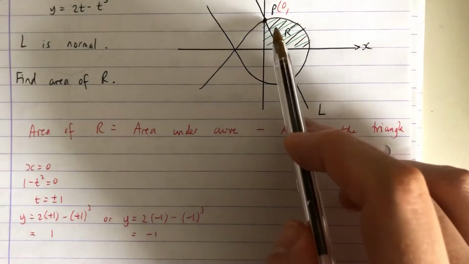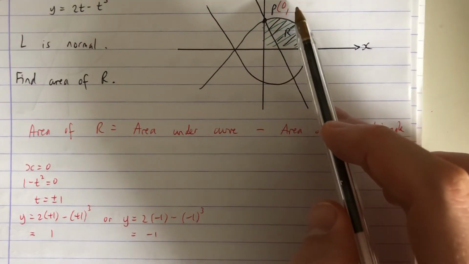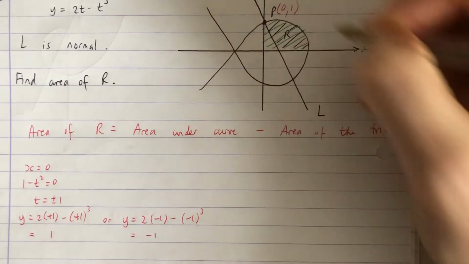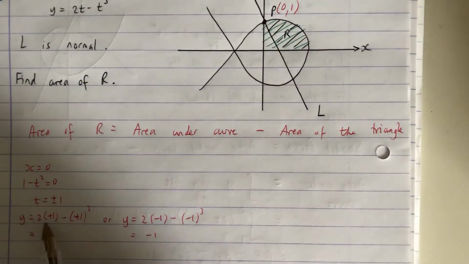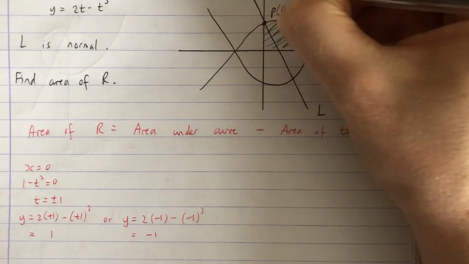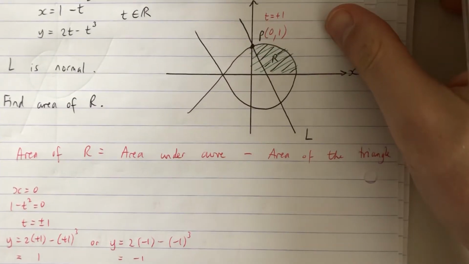So based on that point there, the y value which makes sense is the one which is plus 1. So that is 1, and that came from t equal to plus 1. So let's keep track of that: t is equal to plus 1. I've just written that there.